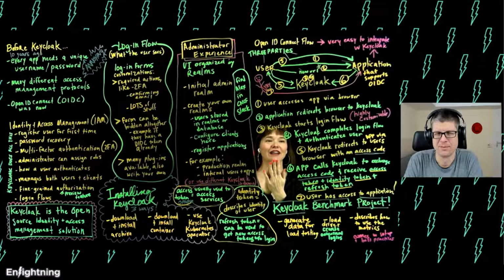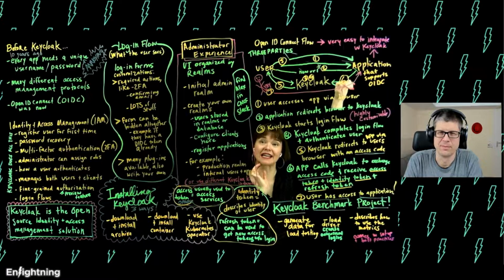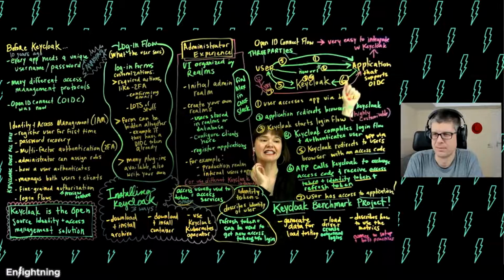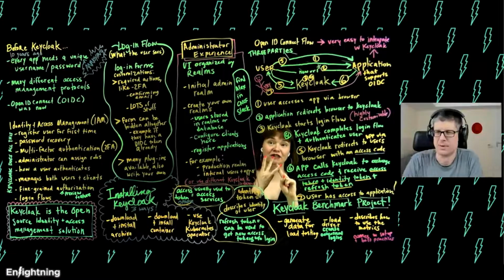Then the user is authenticated, and Keycloak will redirect the request to the application via the user's browser. And this time the request has an access code associated with it. Now the OIDC compatible application will take this access code and call Keycloak with it. And that will cause Keycloak to give the application an access token, an identity token, and a refresh token.